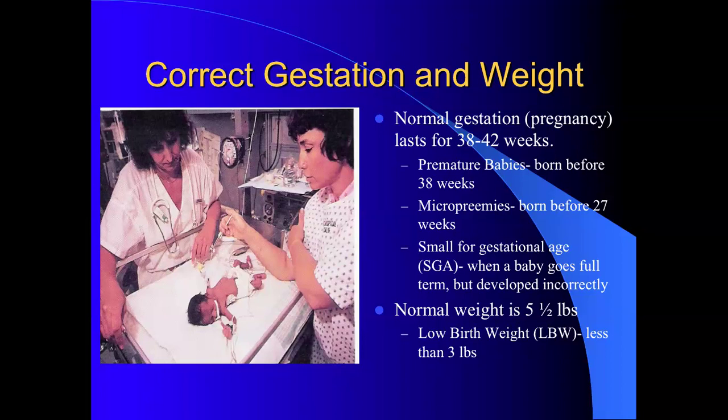Now, you might hear the term incubator. There's an incubator or an isolette. That's a more proper term for it, where children who are born prematurely are taken care of. They have a light above them that's a warming light to keep their body temperature correct.